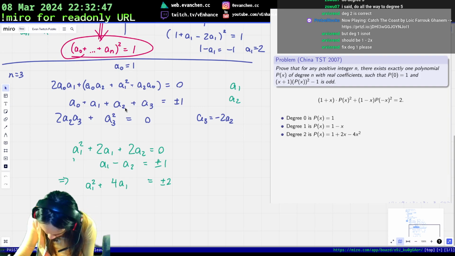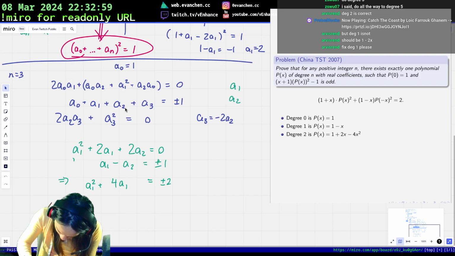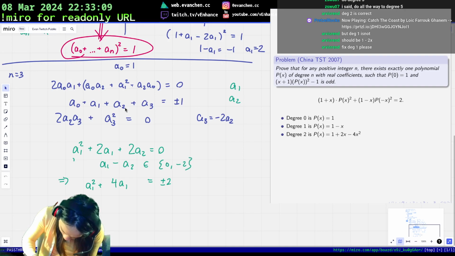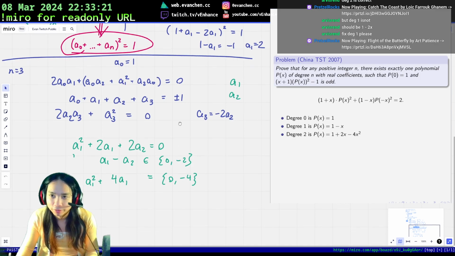Okay, so something's screwed. Sorry, I lied. This is plus or minus 1 minus 1. So if a1 is 0, then everything's 0 at that point. Or that might not be true. But we should recover every previous solution.